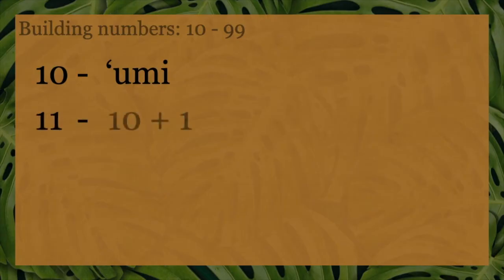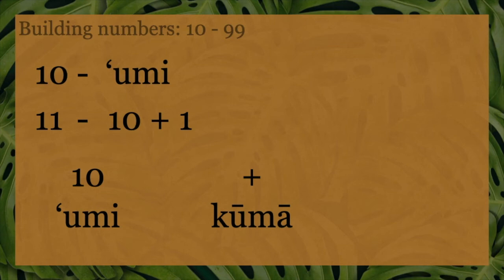Looking at the numbers 10 through 19, let's start by learning the number 10, which is umi. And then 11 will really be 10 plus 1. So we start with 10, umi, and then we need a connecting word or phrase, which is kuma.